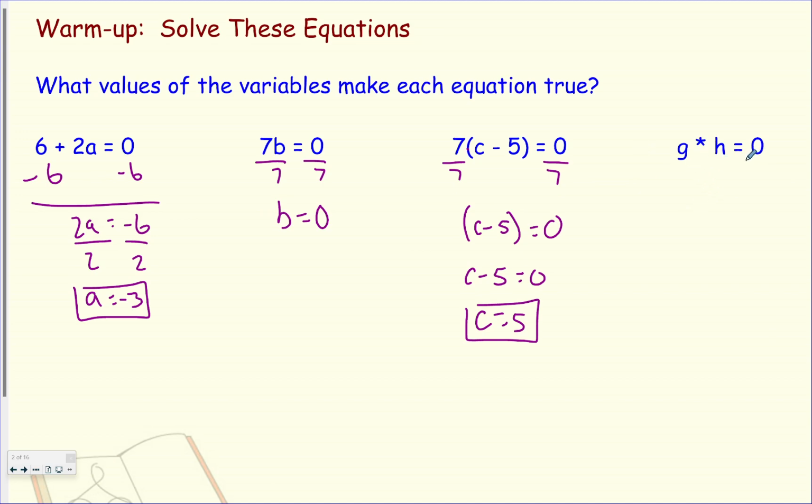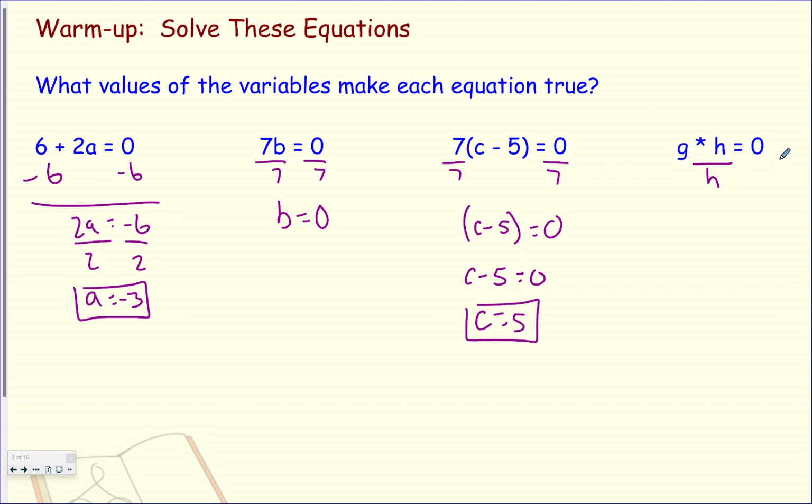g times h equals 0. Well, you might remember from Algebra 1 that you can't solve an equation that has two variables in it, right? Well, we could rewrite it though. So g times h equals 0. Well, how do I solve for a variable? Let's try something. Let's divide both sides by h, because I have g times h, right? If I try to get rid of one variable, well, I could divide by h.